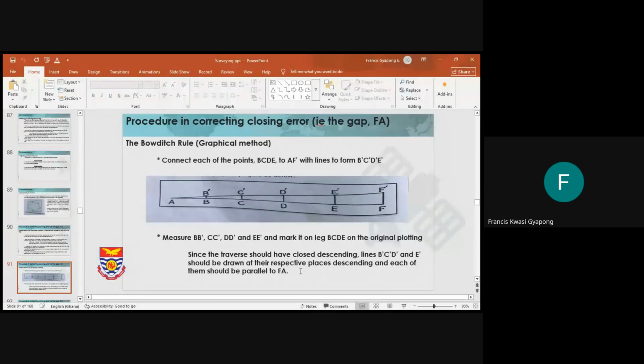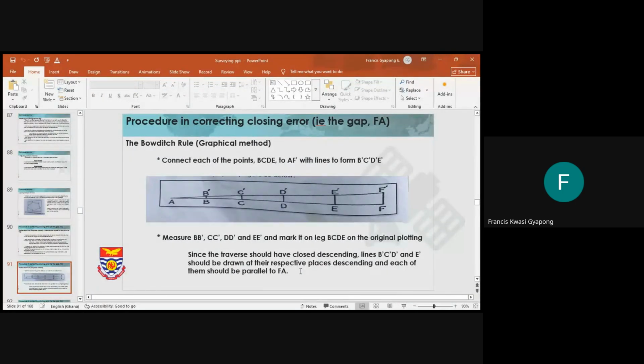This is the body rule. After you have gotten this triangle, you are now going to divide this triangle according to the individual traverse legs. So on your screen, you see down, you see A, B, C, D, E, F. From A to B, that is traverse leg AB. That was the length you plotted.